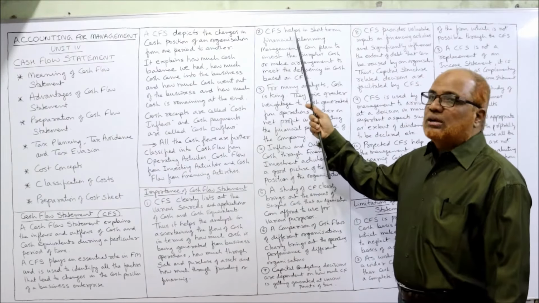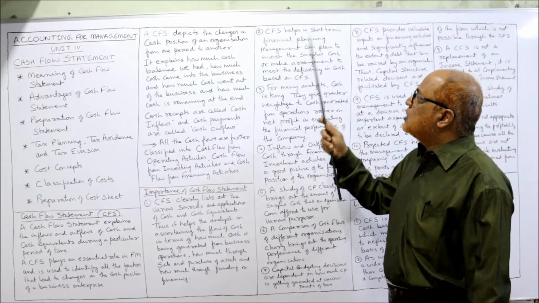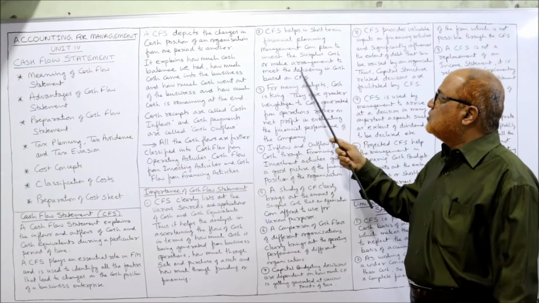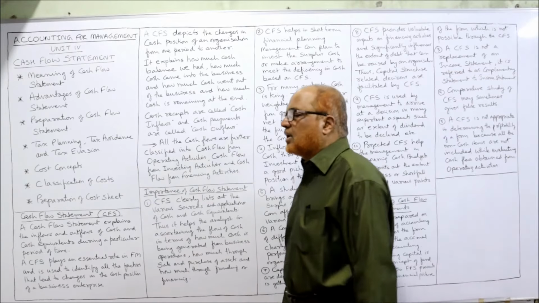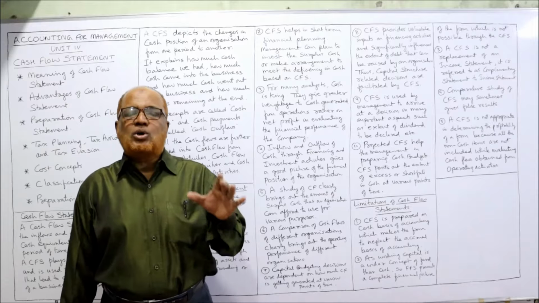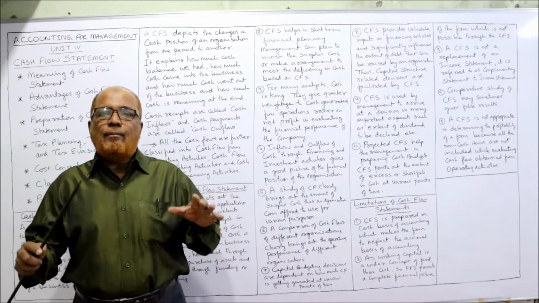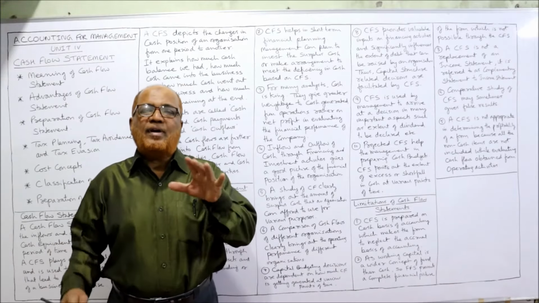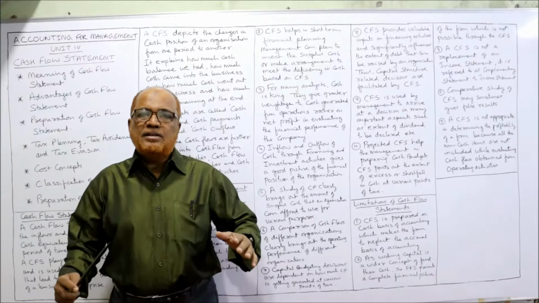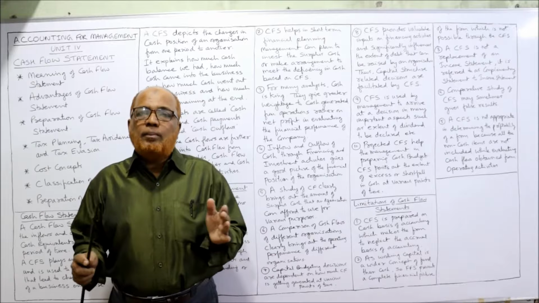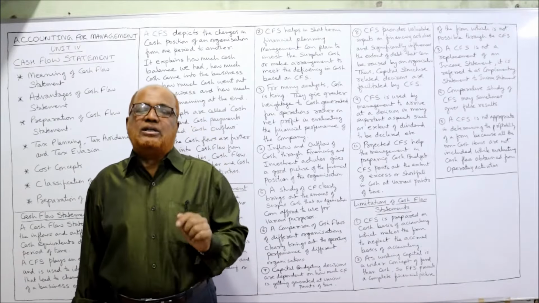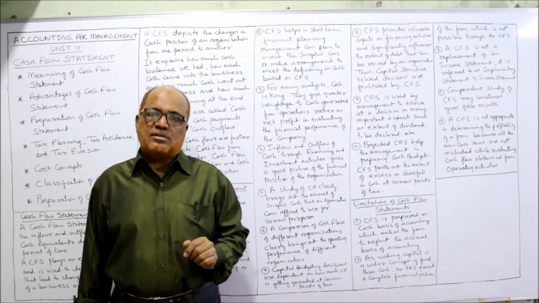Secondly, cash flow statement helps in short-term financial planning management. Management can plan to invest surplus cash or make necessary arrangements to meet the deficiency of cash based on the cash flow statement. The second advantage of this cash flow statement is management can make short-term financial planning. That means the cash should not be idle, the cash should not be in shortage. Both are bad for the business.